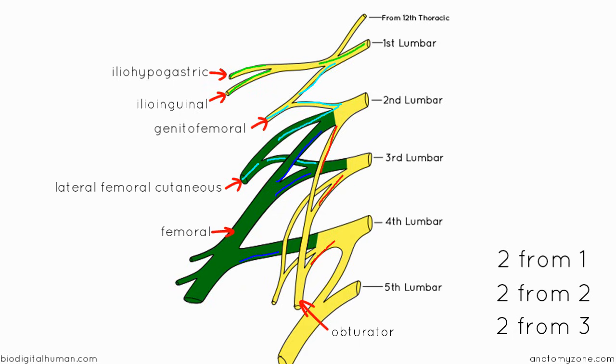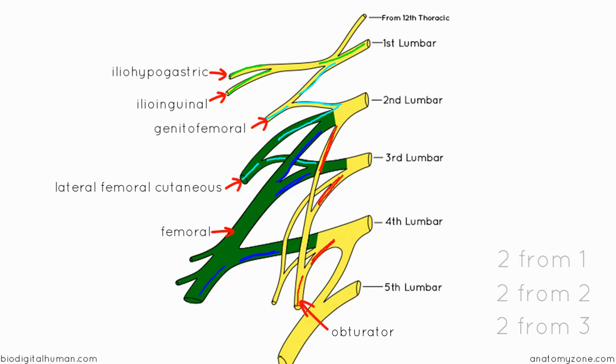And then we've got 2 nerves coming from 3 roots, so we've got the femoral nerve coming from the second, third and fourth lumbar nerves, and we've got the obturator nerve coming from the same roots, so L2, L3 and L4.